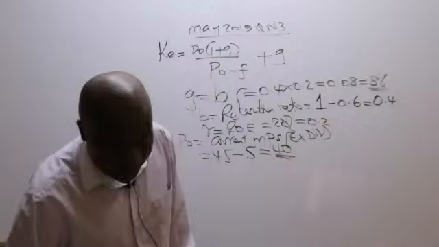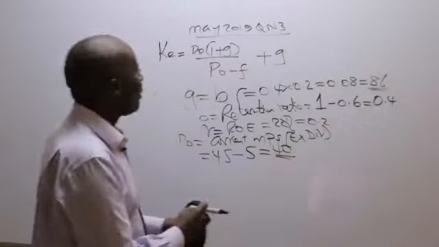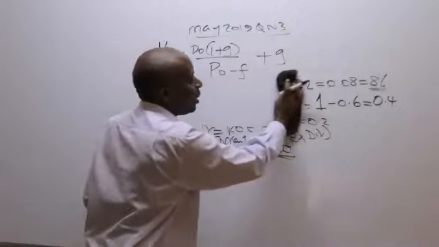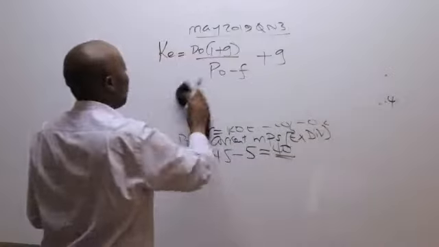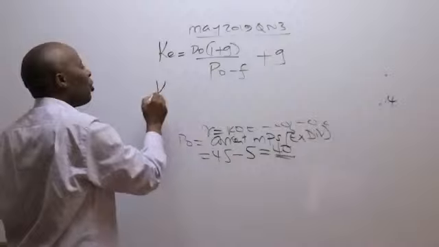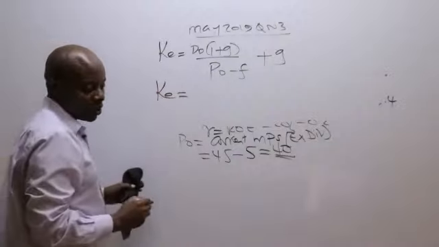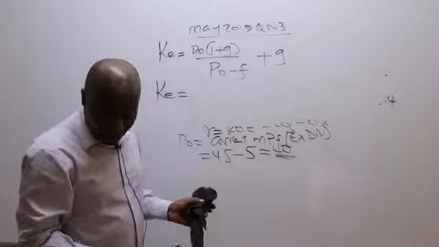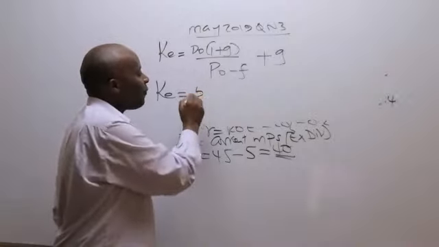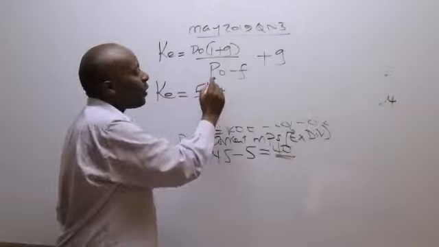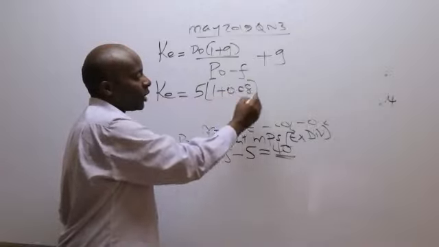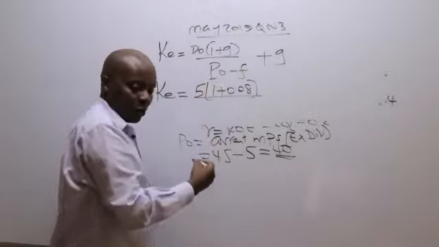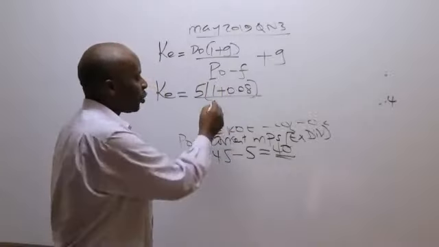So, ladies and gentlemen, the moment I reach here, it will be very easy for me to finish up the entire requirement in Roman 1. The cost of ordinary shares, the cost of equity, will be equal to the current dividend, which is 5, times 1 plus the growth rate that we got as 0.08, all over the P0, which is ex-dividend, which happens to be 40.